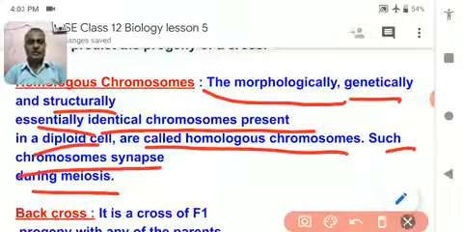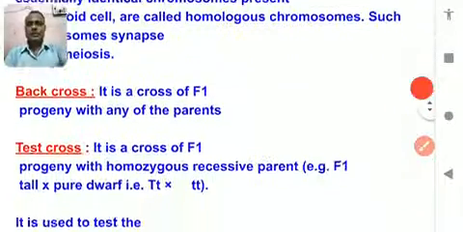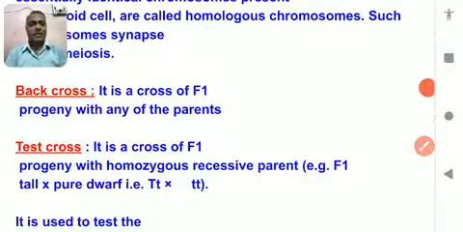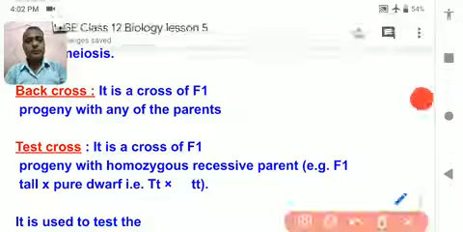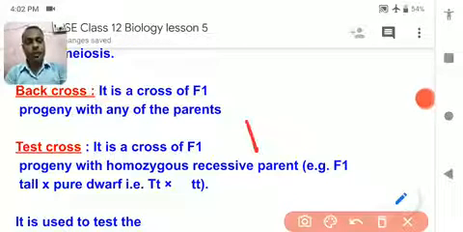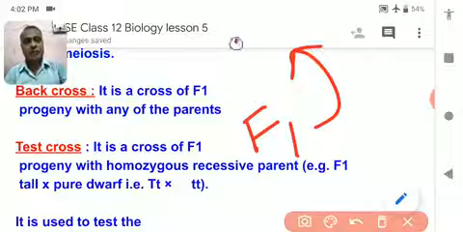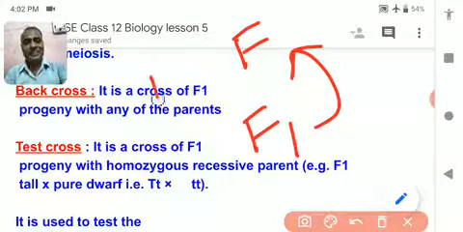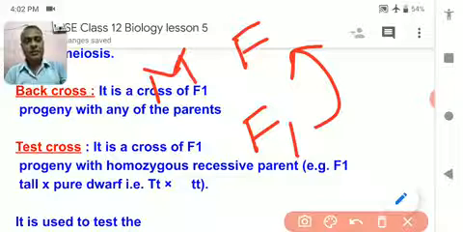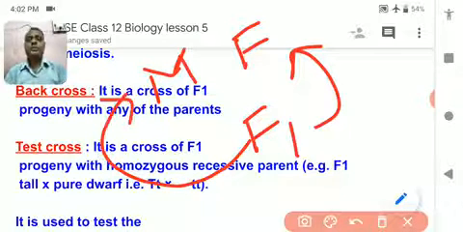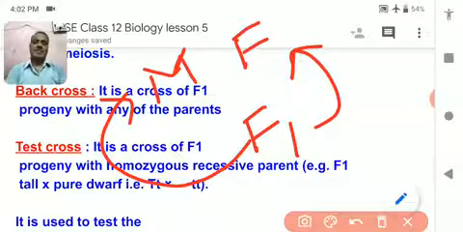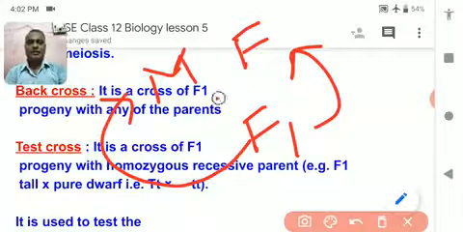So, back cross. These are the two terms; obviously, I will make you understand. When the offspring of the F1 generation is crossed with either the father or mother, meaning the offspring are crossed back to their parents, then it is called a back cross.